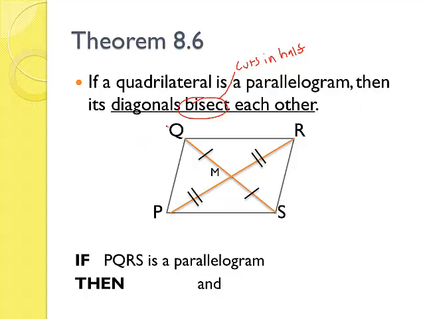So if I draw a diagonal from Q to S and a diagonal from P to R, they're going to intersect at a point, and that point of intersection we call M. That means QM is congruent to SM. We know that PM is going to be congruent to RM as well. So all of these properties of parallelograms you need to know, because you're going to run into some examples with it.